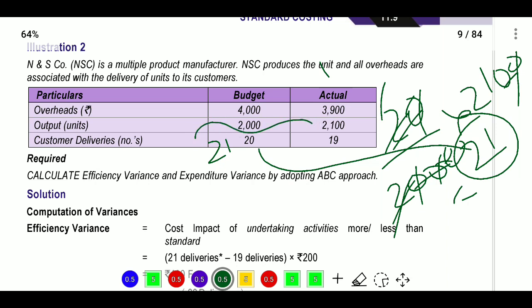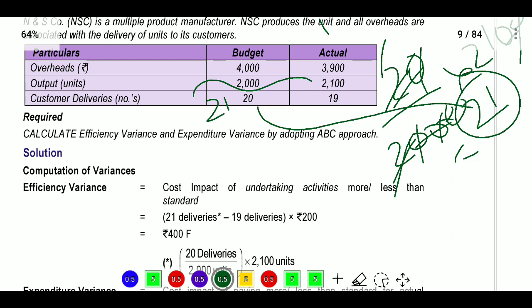What we require here is to calculate the efficiency variance and the expenditure variance. For efficiency, the number of deliveries was provided. And for expenditure, what is the expenditure here?